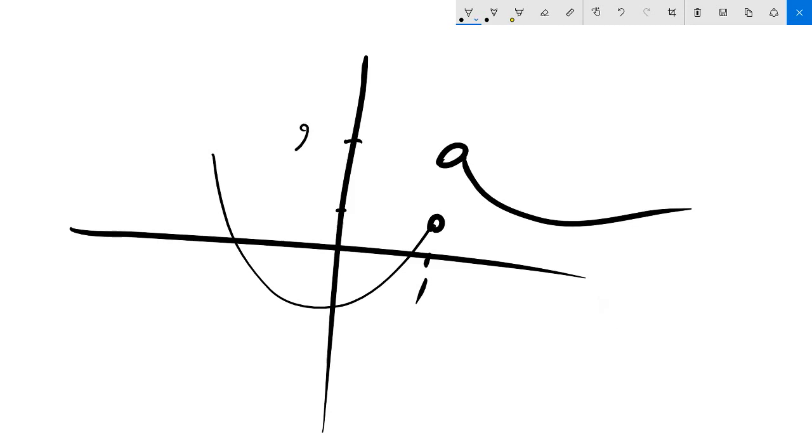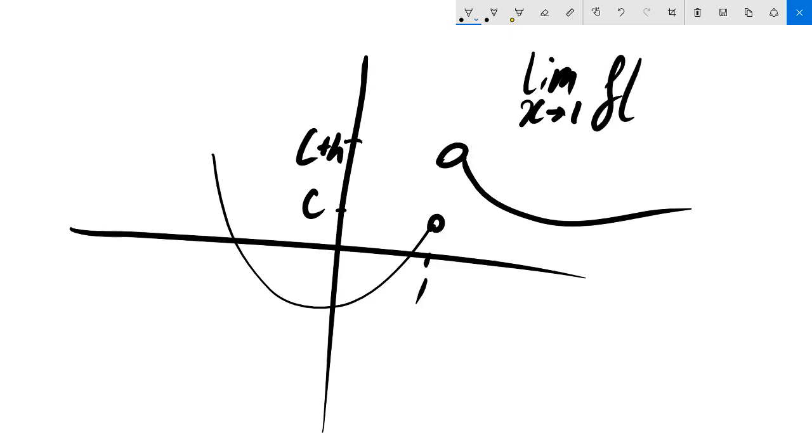We'll label them C and C plus H. If we want the limit as x approaches 1 of this new graph, there's 2 points now. In this case, it will be undefined.